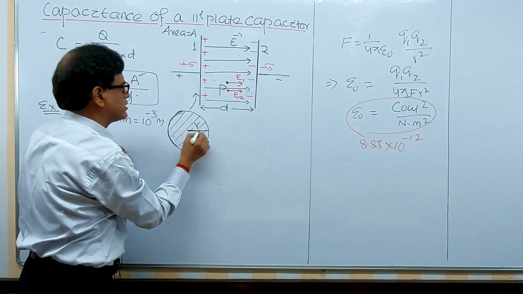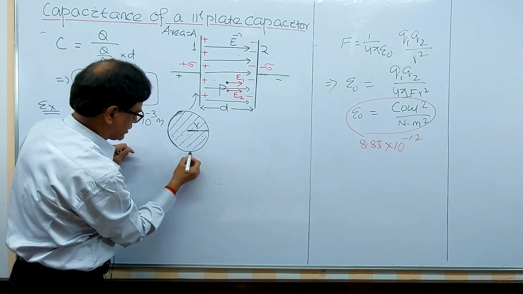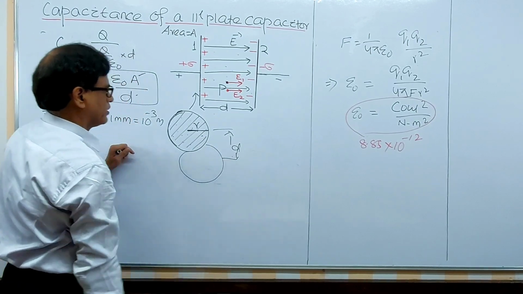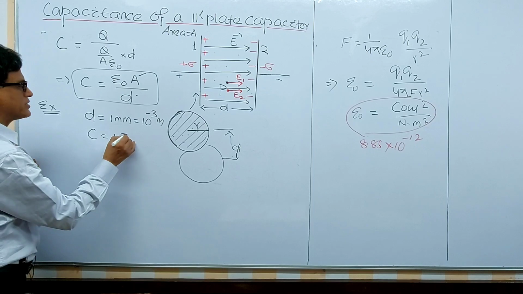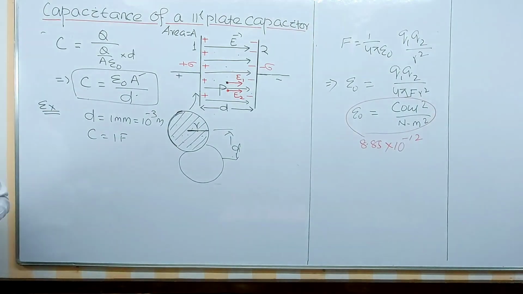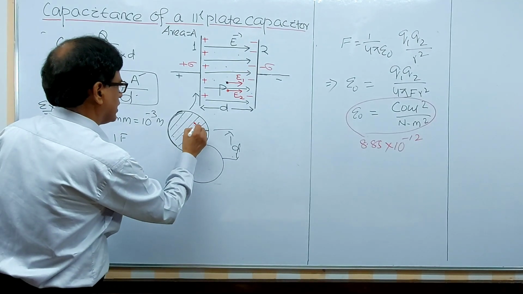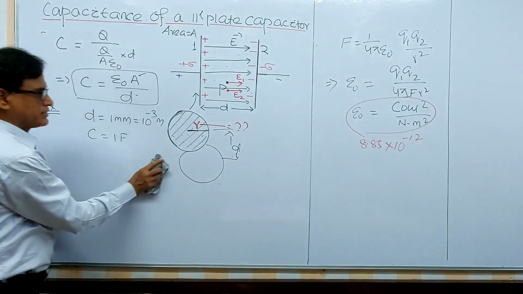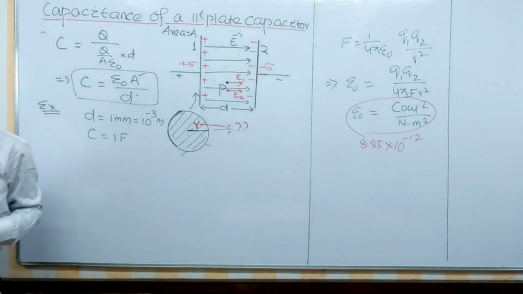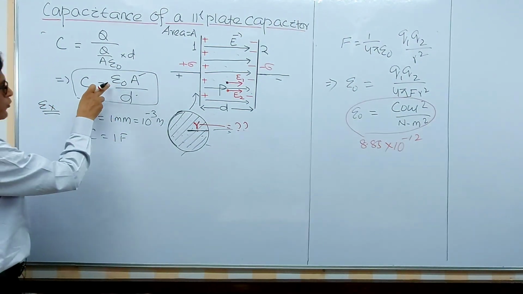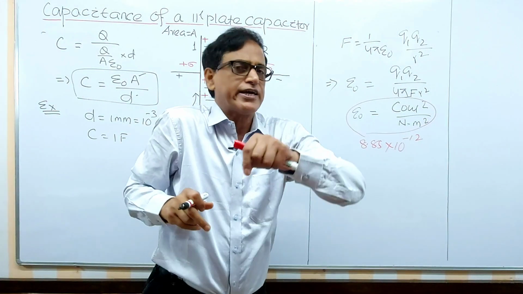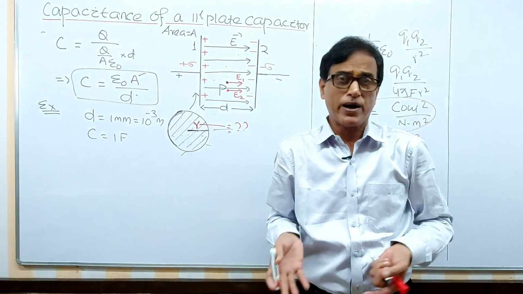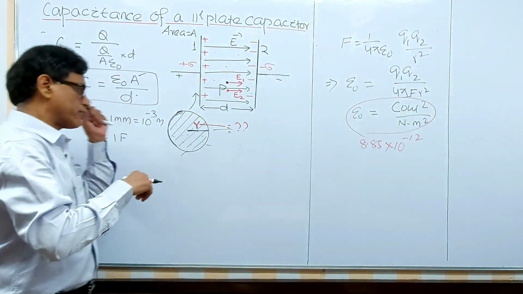This is one circular disc of radius r, another just below this, and the separation between these two is D. Now if the capacitance of that capacitor is 1 farad, the question is to find this R. So how to find it? You can find it, but this type of manipulation should be done in these problems. Don't put epsilon 0, the calculations will be complicated, because the value is 8.85 × 10^-12, and it is very difficult to divide factors by 8.85 without a calculator. That's why of what you have to do.